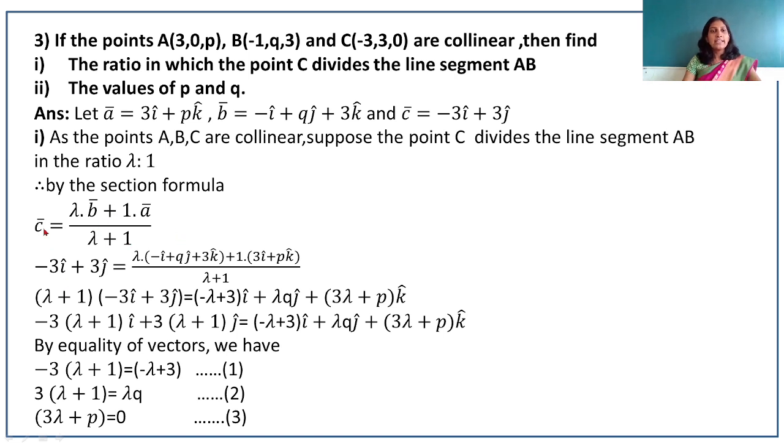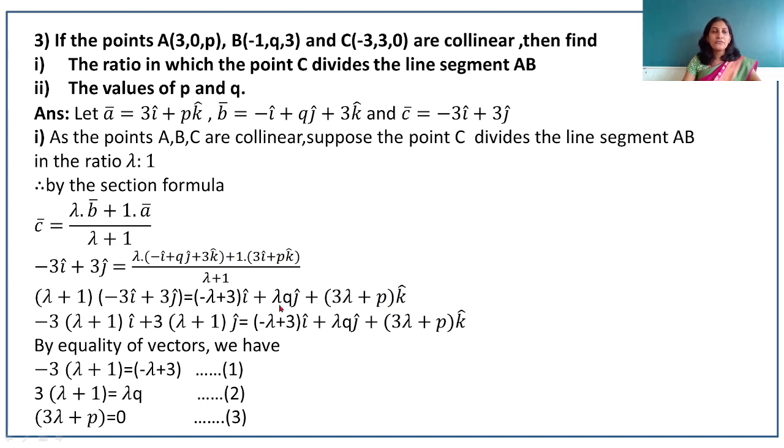Okay. Then here what is C bar? C bar is minus 3i cap plus 3j cap, which is equal to lambda into bracket B bar plus 1 into bracket A bar upon lambda plus 1. We multiply this lambda plus 1 to this side, lambda plus 1 into this vector, multiply lambda to this, multiply 1 to this.